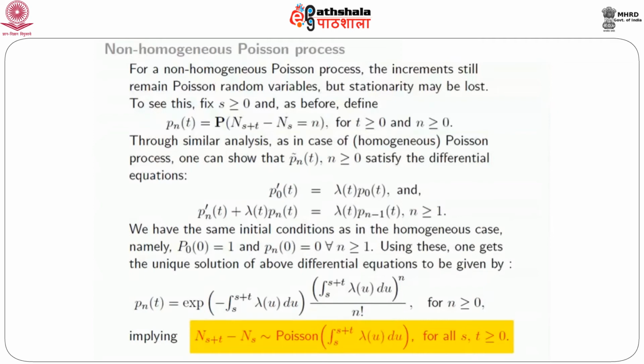So this implies that N(s+t) minus N(s) is a Poisson random variable, and the parameter of the Poisson random variable is the integral from s to s+t of lambda(u) du. So you take the intensity function, integrate it over s to s+t, and that gives you the parameter of the Poisson random variable, which represents the distribution of the number of arrivals in any fixed time interval, N(t+s) minus N(s).